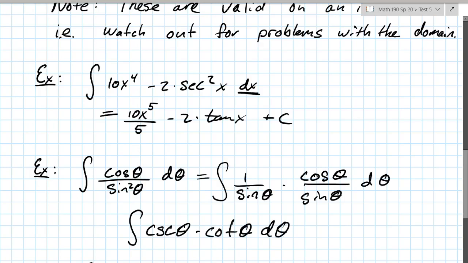Now, this looks like the antiderivative of negative cosecant theta plus c. Because remember, the derivative of cosecant theta is negative cosecant theta cotangent theta.